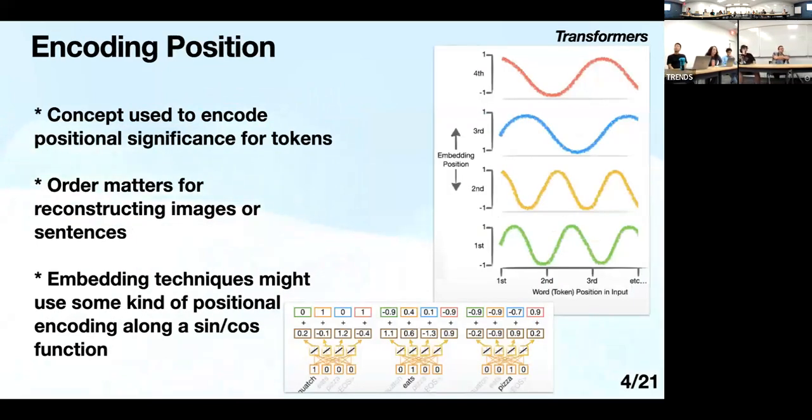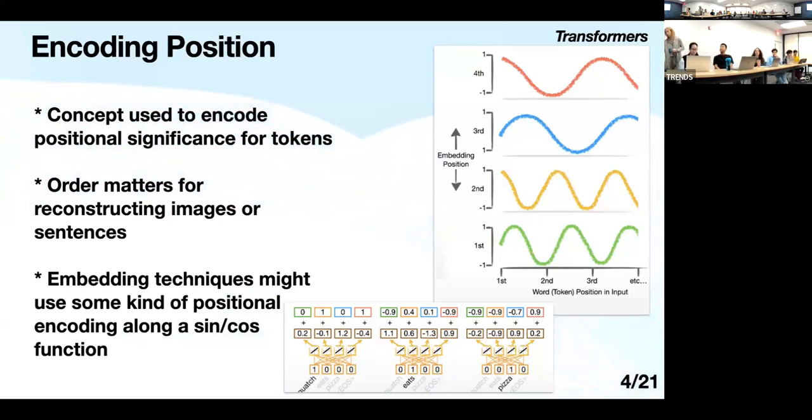Another part of the transformer architecture is positional encoding. The tokens that are input into the transformer have a sequence, an order in which they appear, and the order matters. For example, if we had a sentence saying, I eat pizza, and I were to output these tokens in an incorrect order, the meaning of the sentence would not be preserved.